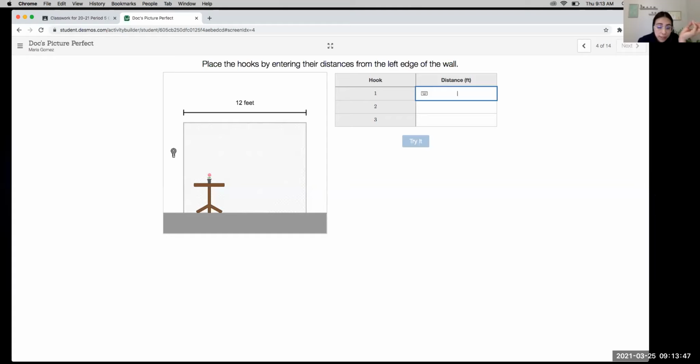Ooh, Lizette, you have a good one. I don't think I've seen that one yet. Actually, that looks really nice too on the wall.